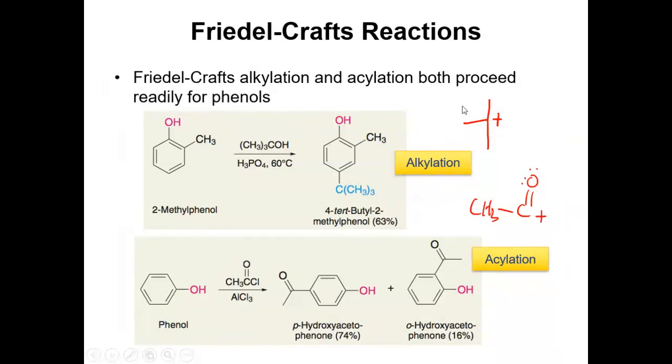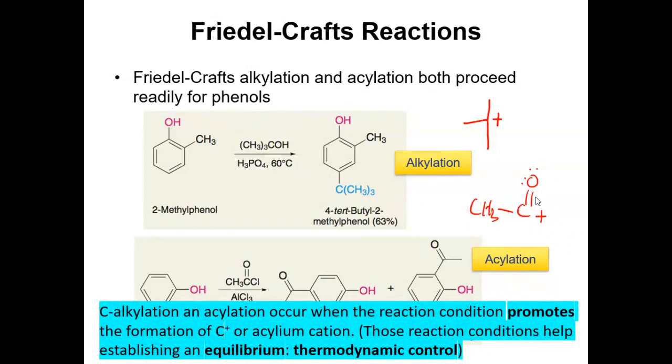If the reaction condition allows the formation of a carbocation or the acylium cation, then the reaction will establish thermodynamic equilibrium. So you will get the C substitution product because the C substitution product is more stable.